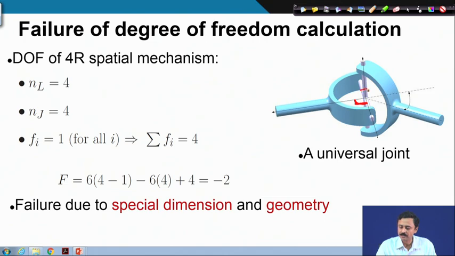Between these two axes, it is again 90 degrees, and between these two axes is also 90 degrees. And because of very special dimensions and geometry, because all the revolute pairs, as you can see, the axes meet at a point. Because of this very special geometry and dimensions, this is a mechanism, and it actually has 1 degree of freedom.